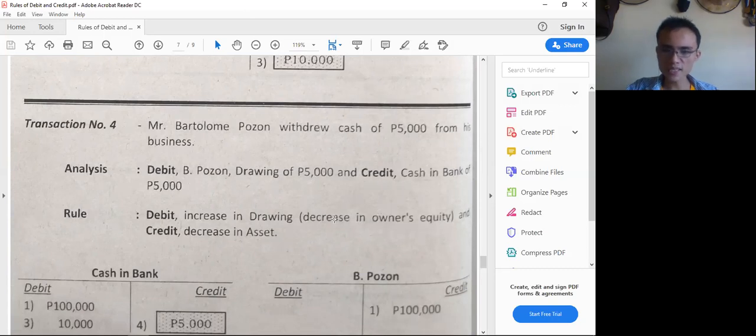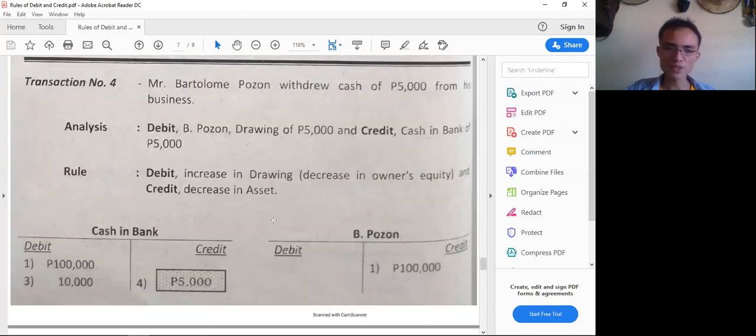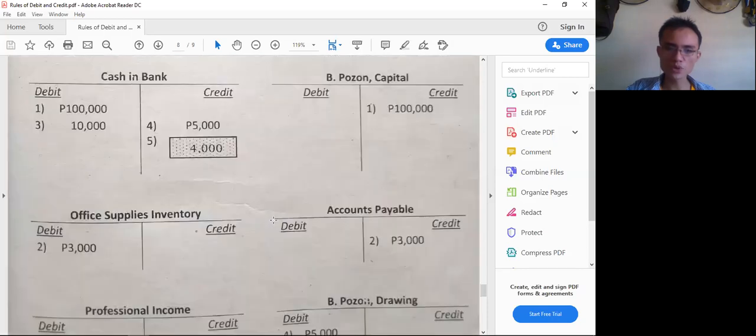This is because drawing is a minus to equity. When we invest to the business, it's going to increase our capital. But when we withdraw money from the business, that's going to be a minus to our capitalization. That's why it's going to be a decrease in owner's equity. Okay, so that's for transaction number 4.